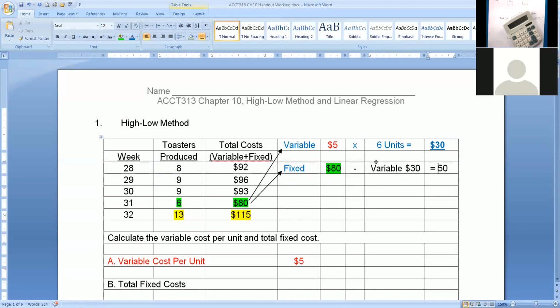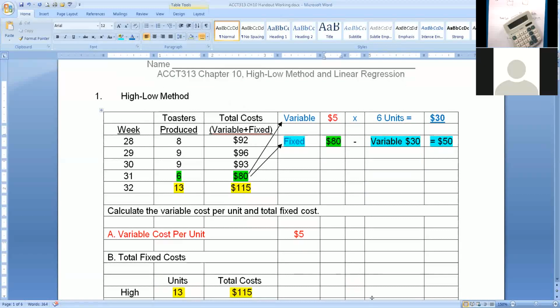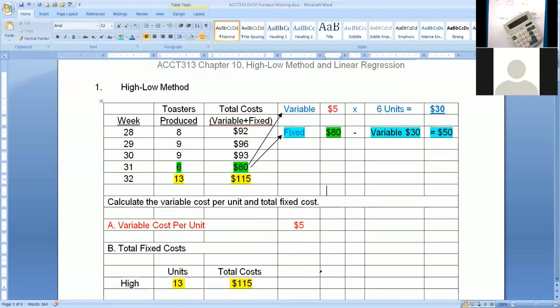So that must be the fixed cost. So the fixed cost would be $50 total.